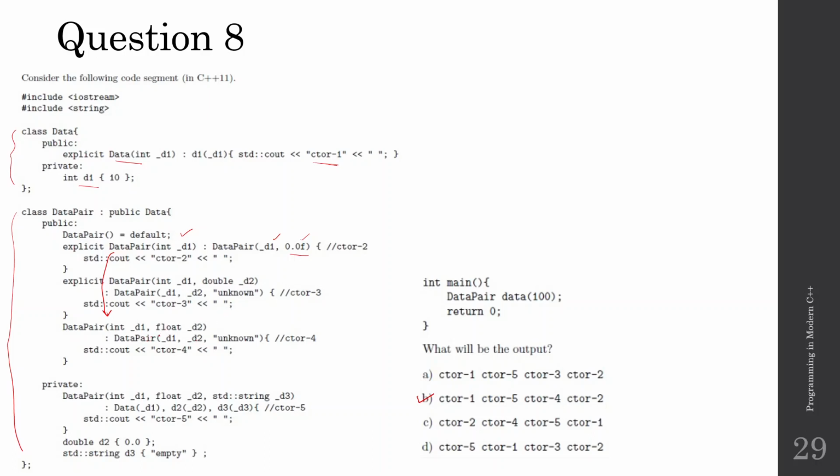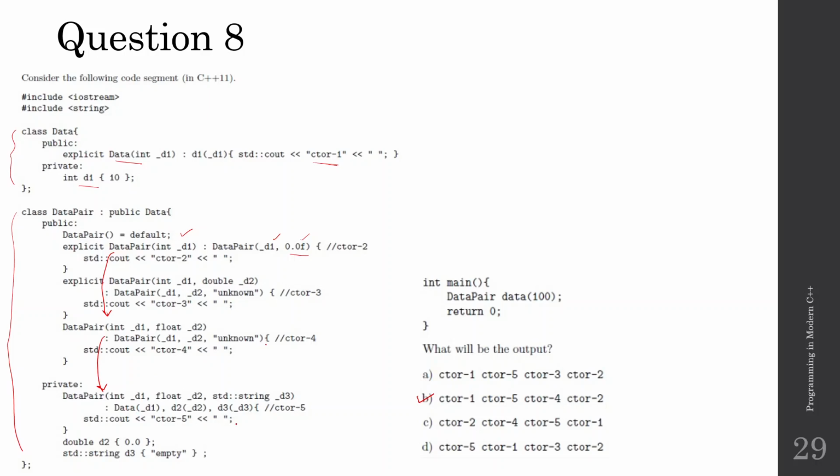Now see the float constructor in turn again delegates it. It calls another constructor with d1 d2 and the string unknown. Now where is this constructor? This constructor is in the private section, where we have d1 d2 and string. So this constructor will in turn call this function, and over here this does not delegate any further.